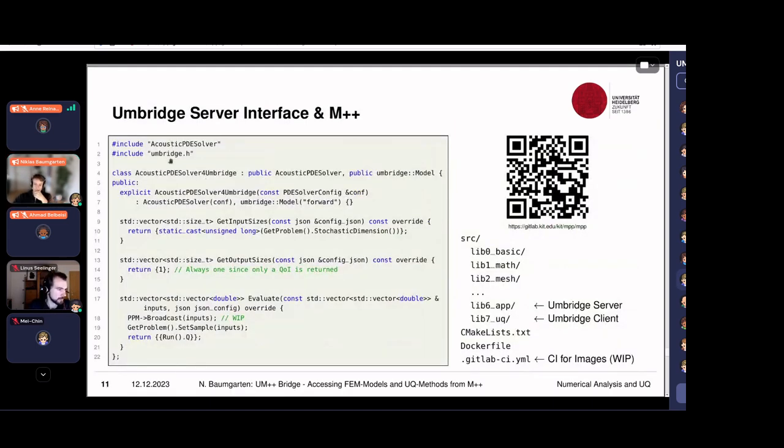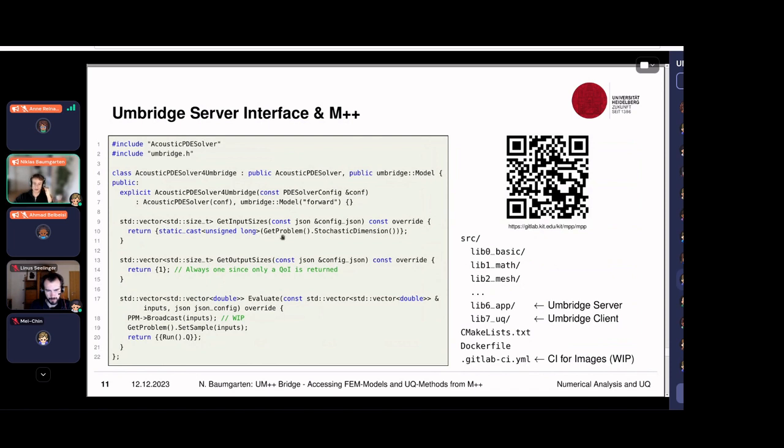So I talked about this PDE solver class already. You see acoustic PDE solver. That's basically the combination of the PDE problem and all the solving methods combined in one class. So that's a composition of solver and problem. And you know that this class already has this method, run, which basically solves the PDE. And I just use this simple trick here. I inherited from Umbridge model and acoustic PDE solver.